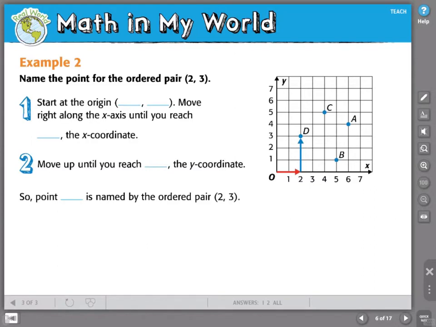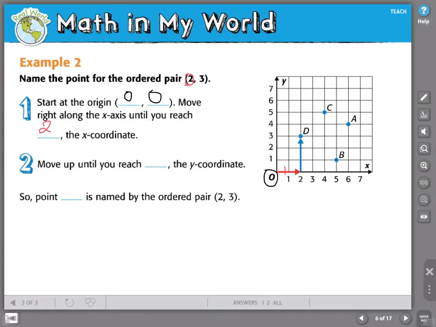Here's another example. Name the point for the ordered pair 2, 3. Well, we're going to start at the origin. This is the origin. It's where the x-axis and the y-axis are at 0. The point for the origin is 0, 0. I know that the first number tells me about the x coordinate, and it is 2.